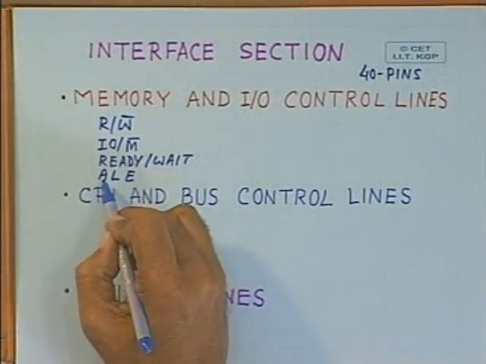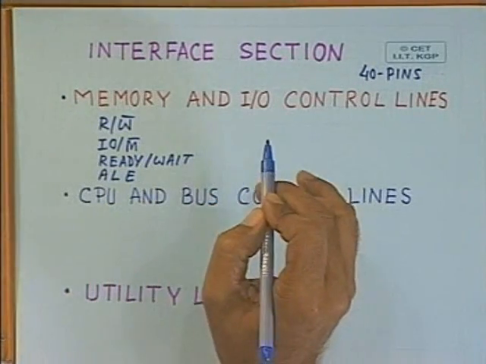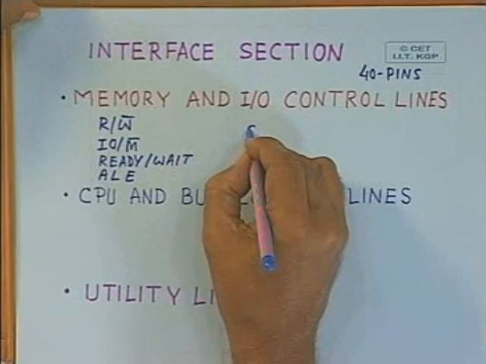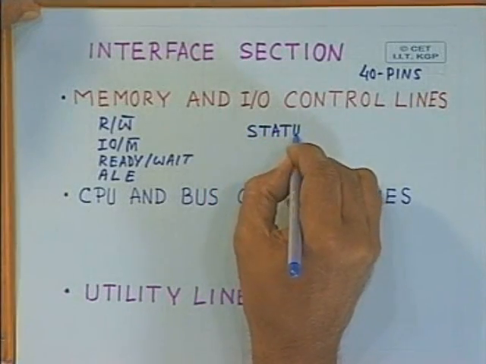And ALE, address latch enable, gives you that information. That means at that instant it is having an address which should be latched in some outside buffer and used at the next subsequent time. Then apart from these lines, some status lines are provided if necessary, but not mandatory.